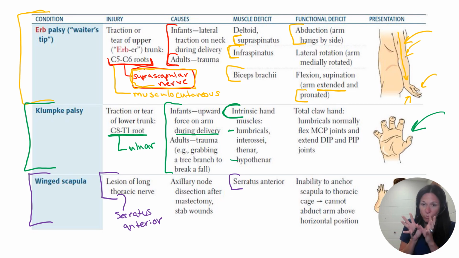So without this, right, the medial border of the scapula is going to shift lateral and posterior away from the thoracic wall. So let's look at injury to long thoracic on the following slide, and that will conclude the axilla and brachial plexus.